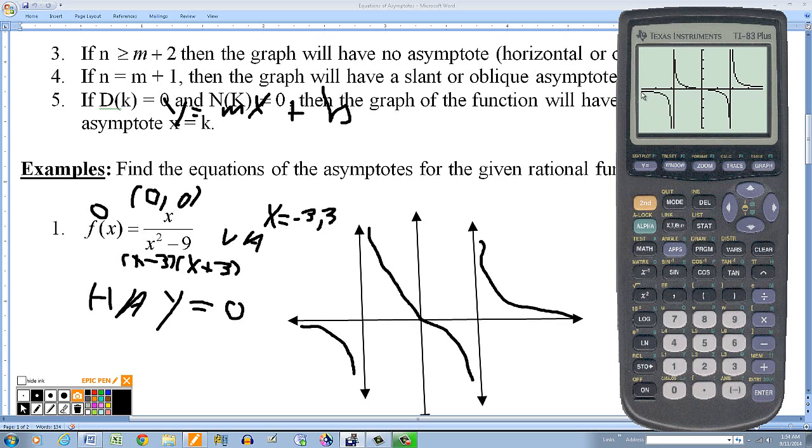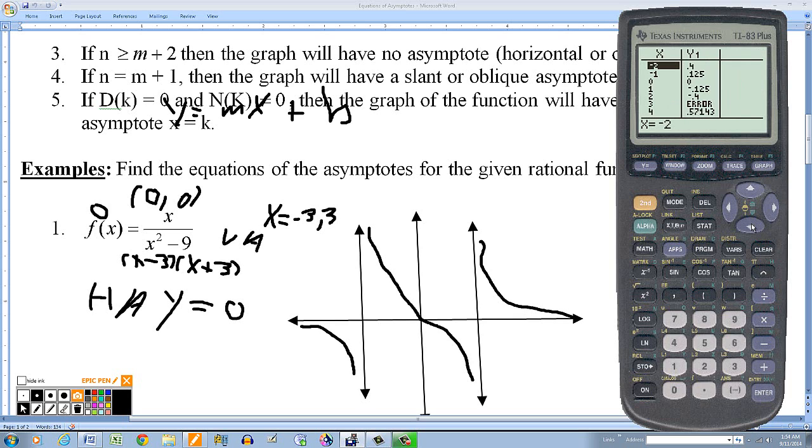So you can see that it does have asymptotes right here and here at -3 and 3, crosses the origin here, and it stays below the x-axis in this interval here, above here in the next one, below in the next one, and above.